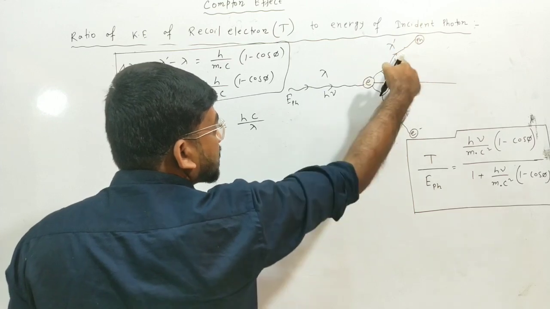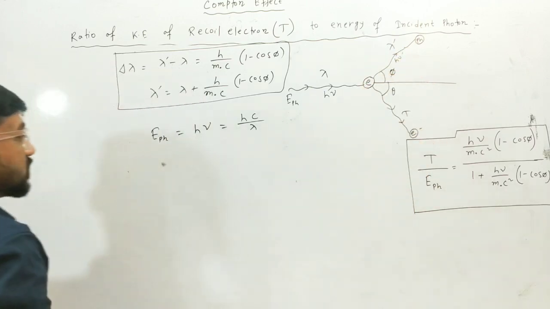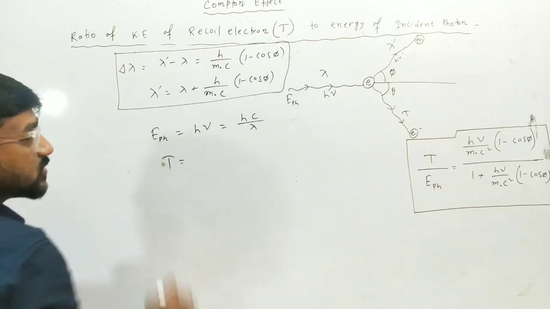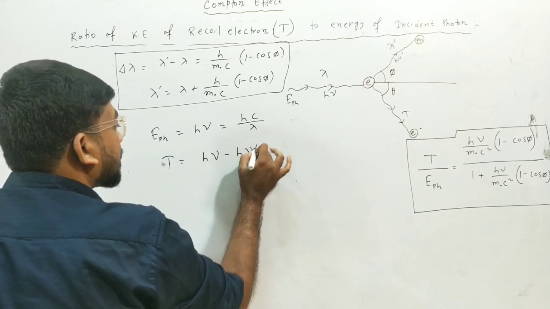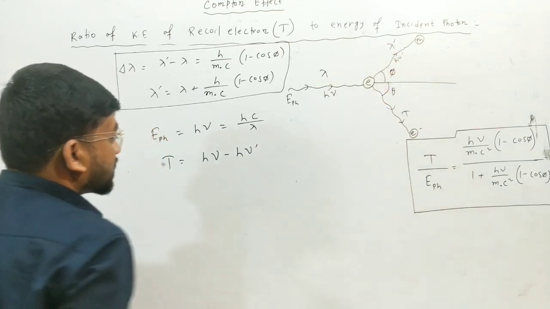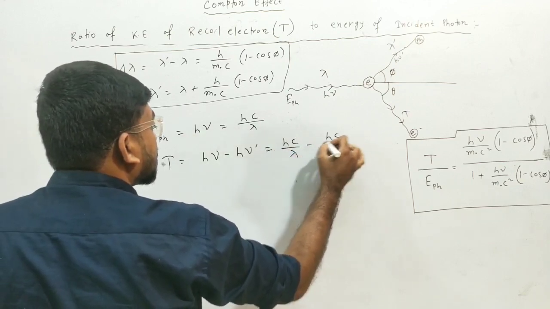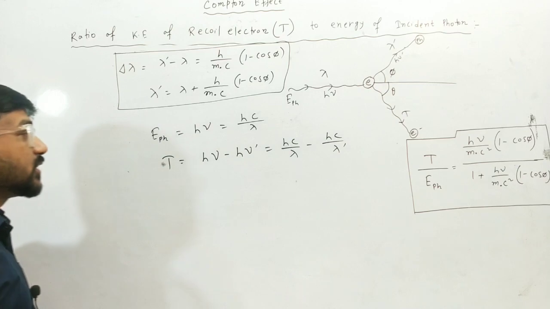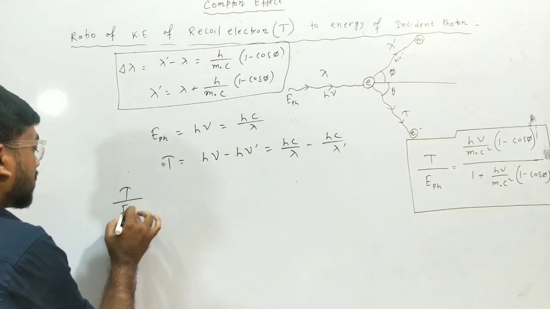So h nu minus h nu dash is carried by the electron. The kinetic energy of the recoil electron is therefore h nu minus h nu dash, and because lambda dash is greater than lambda, h nu is greater than h nu dash. This is hc upon lambda minus hc upon lambda dash. Now we have to find T upon EPH.